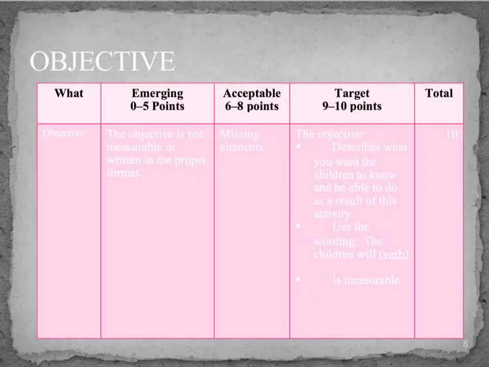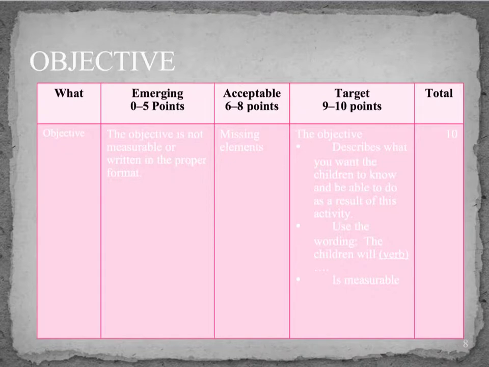The next section of the rubric is objective. You probably remember this from the unit planning chart. The target is to describe what you want children to know and be able to do.